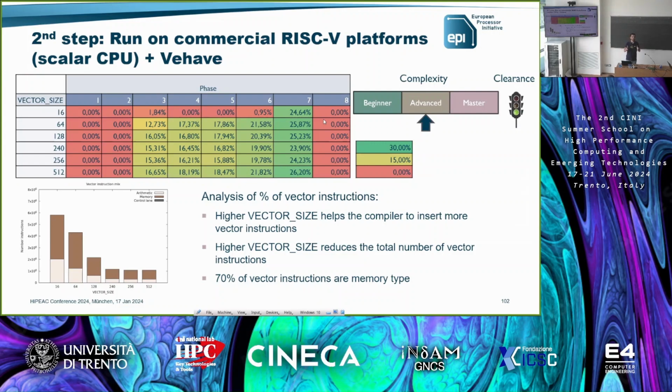It's true, but if I have 0 vector instructions, that means that code is not vectorized.